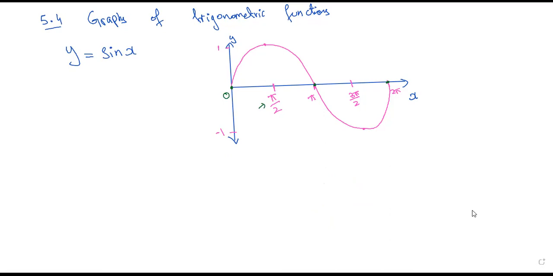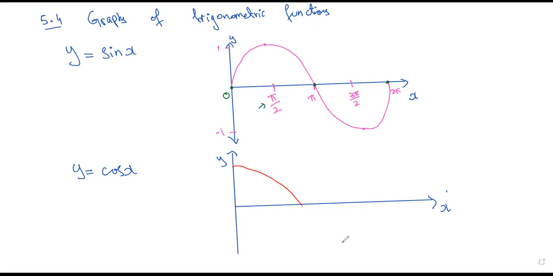Then let's talk about y equals cos x. Again, I'll draw the basic shape first. Y-axis, x-axis, this is y, this is x. The basic shape is something of this type, and this angle is pi by 2.